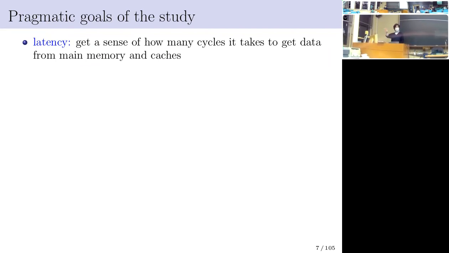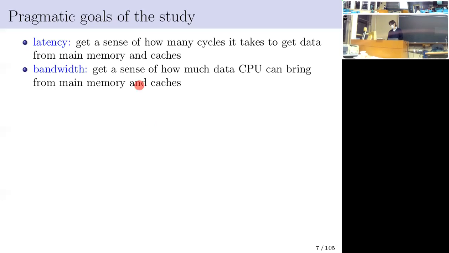If you need to go all the way to the main memory, then the latency becomes much more. You know it's much more, but how much? Getting a good sense of these numbers is one pragmatic goal of this segment.